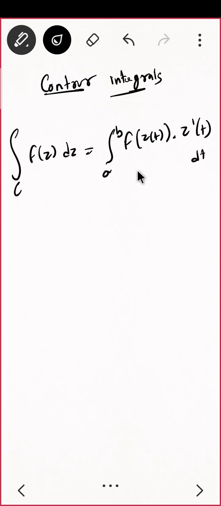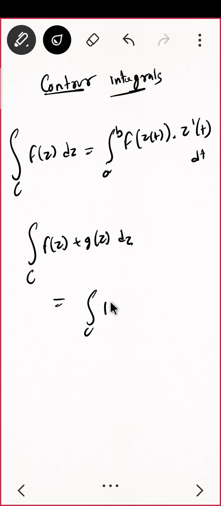And one more thing, if you are having two functions, then we can break it. Something like this: contour integral of f(z) plus g(z) dz can be written as the contour integral of f(z) plus the integral over g(z).